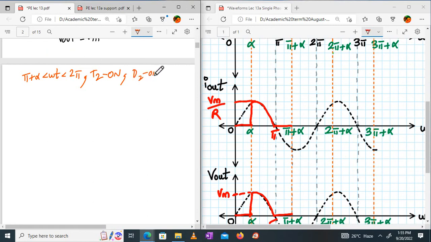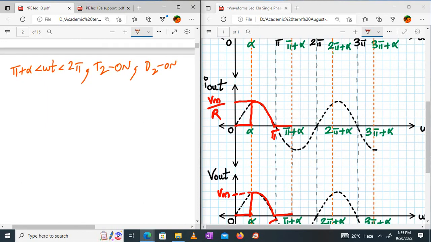T2 is also on. So now how will the picture be? Let me draw it. My T1, which is off. T1 off, T2 on: on means short circuit, off means open circuit.